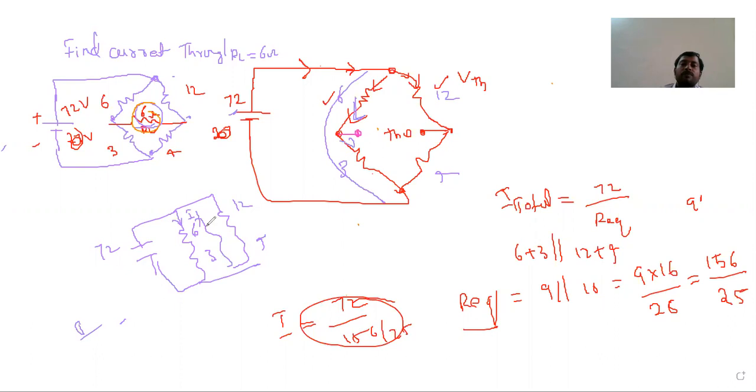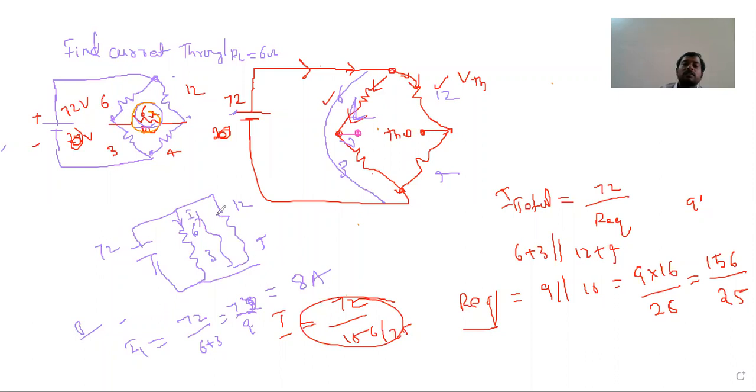I1 is V by R, 72 by 9, which is 8 amps. So 8 amps flows in this branch.